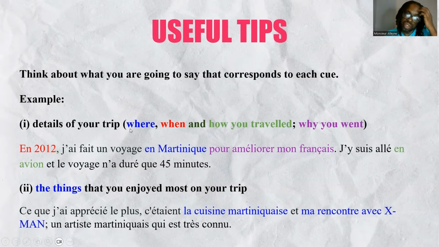All right. So for the things required by the cue, right? Where did you travel? All right, where you traveled. So in this case here, when you look here, that is Martinique. Where, as you can see, we put the color in blue, and what we wrote in French here is also in blue. So where is Martinique, right? Travel to Martinique. When is here?